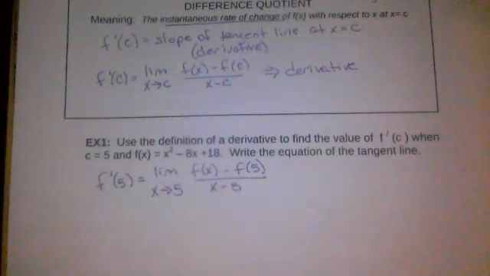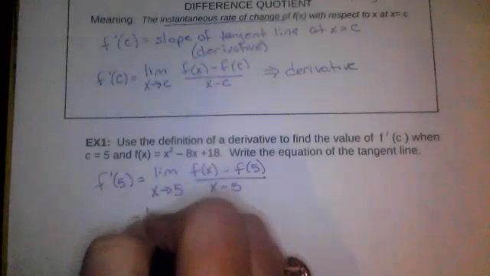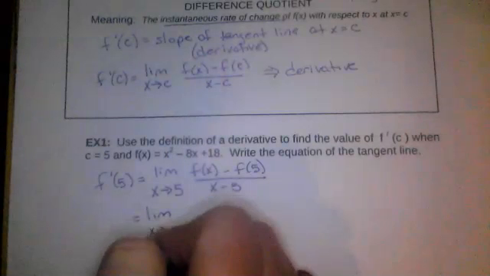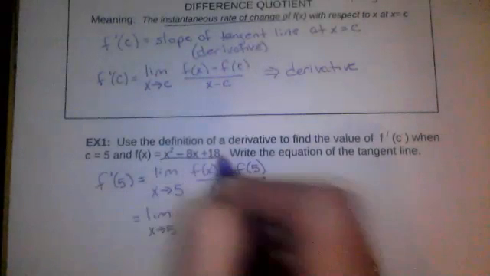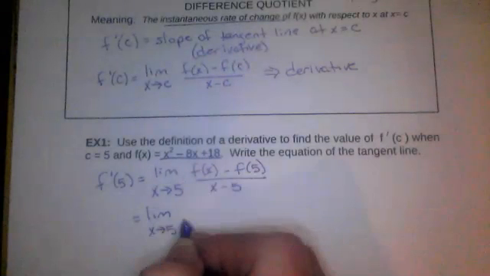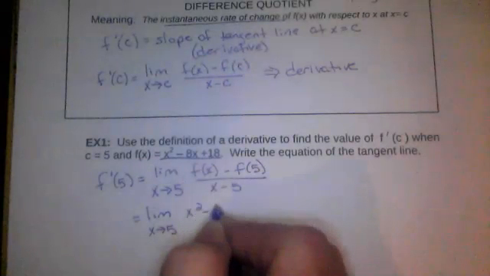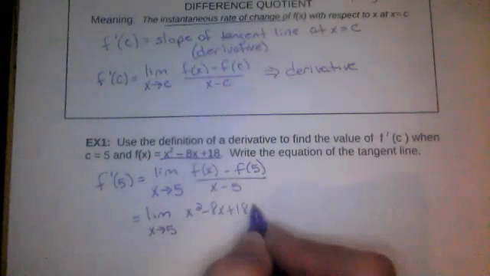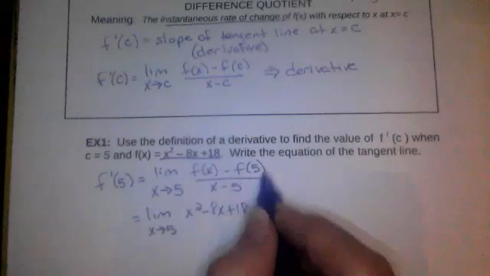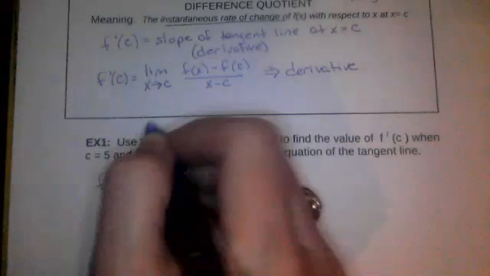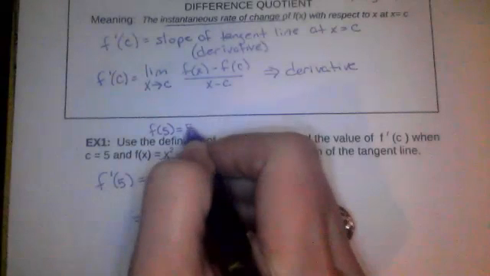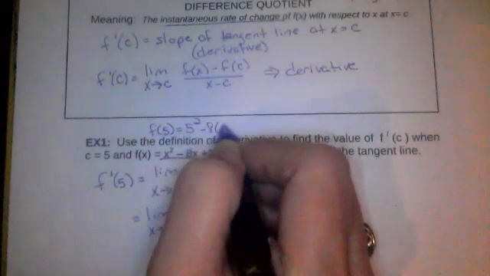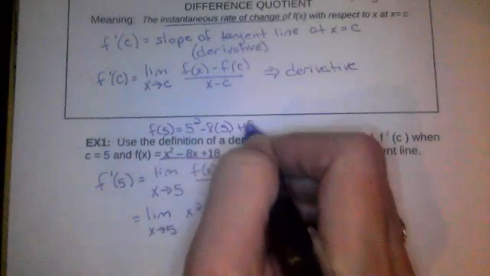All right, so now let's do a little more substitution here. We have the limit as x approaches 5. f of x is defined as this function, so we're going to put that in for f of x: x squared minus 8x plus 18, minus f of 5. Well, we need to find f of 5, so we're just going to plug 5 in here. 5 squared minus 8 times 5 plus 18.